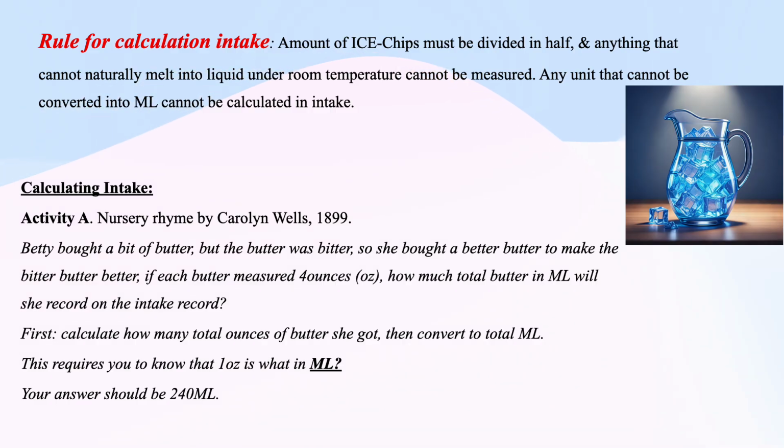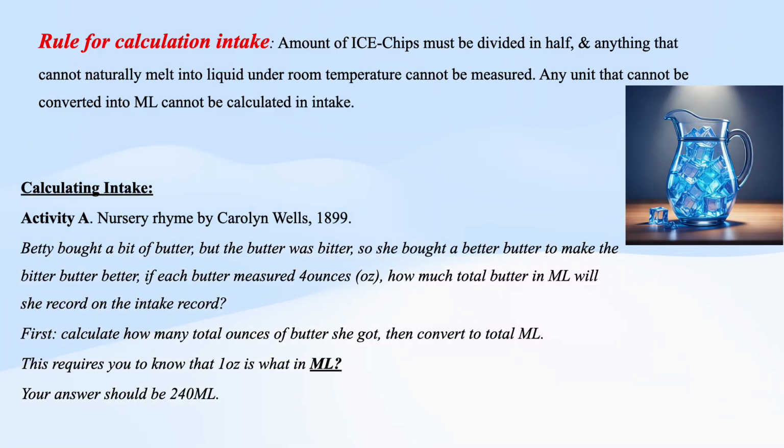Okay, and it's the same way if we are to calculate their output: it is basically every fluid that can be measured and comes out of them. So, such as bowel movement in form of diarrhea, we can measure, right? Vomit will be an output to factor. Oftentimes you will be given scenarios and you will be told what the patient consumed and what you need to calculate into the intake record for that patient.